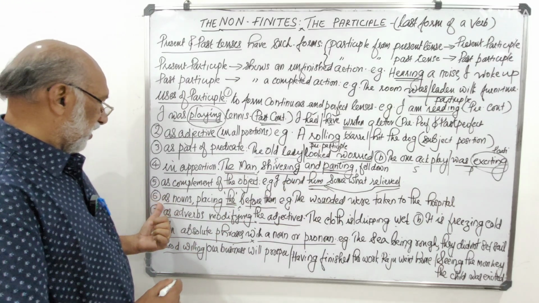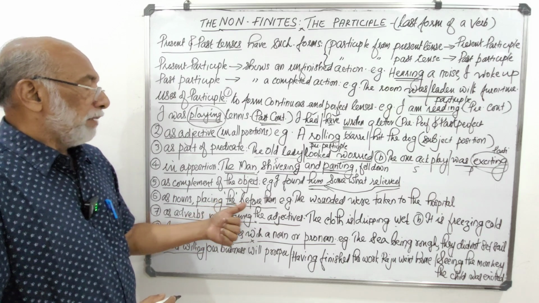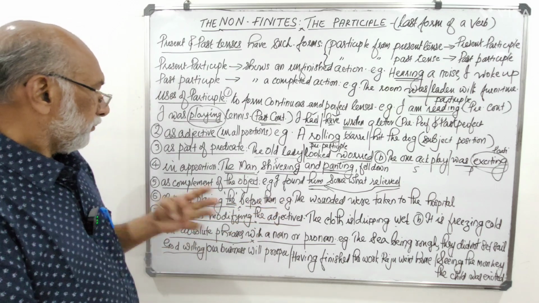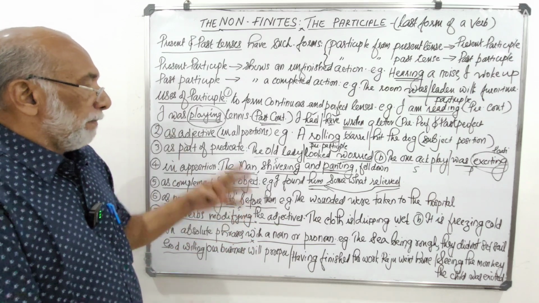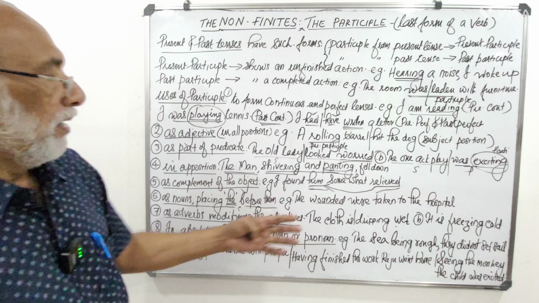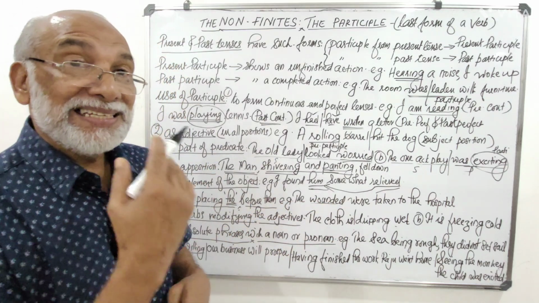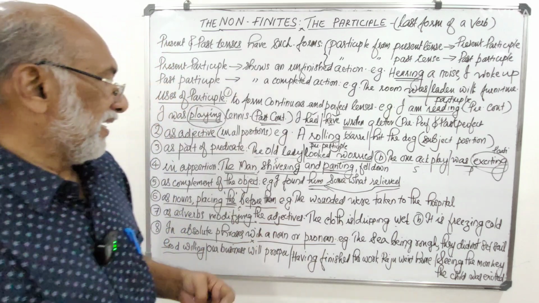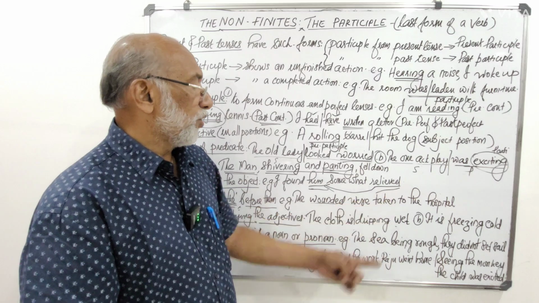Then coming to the sixth one, as nouns, placing the before them. That means we place the definite article the before a verb or an adjective, and then it gets the effect of a noun. See the example. The wounded were taken to the hospital.